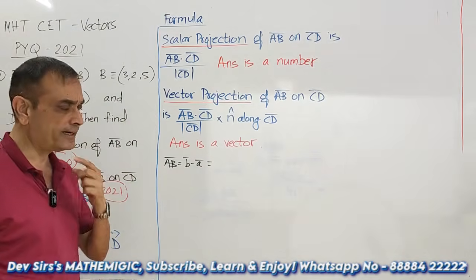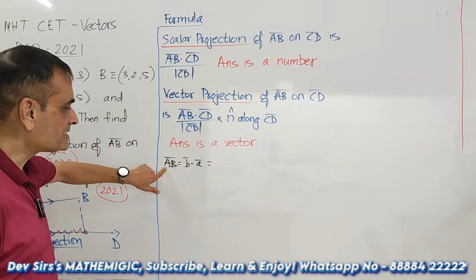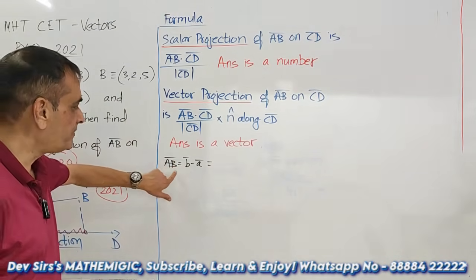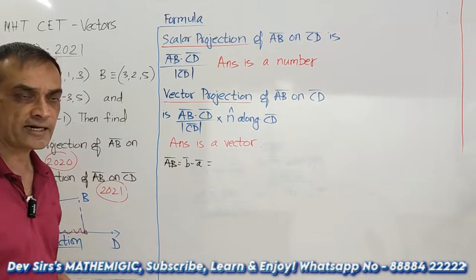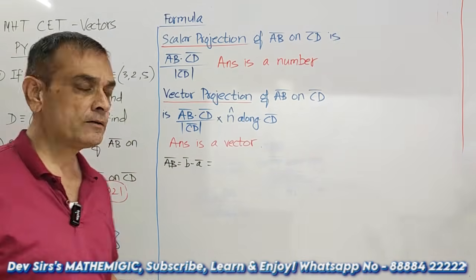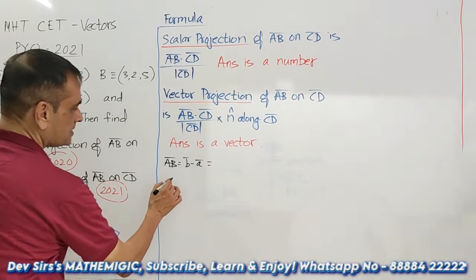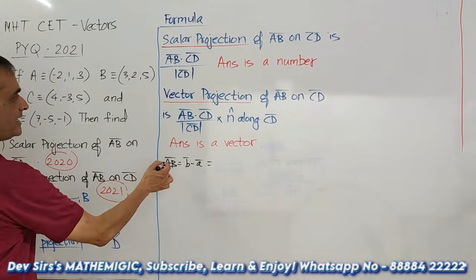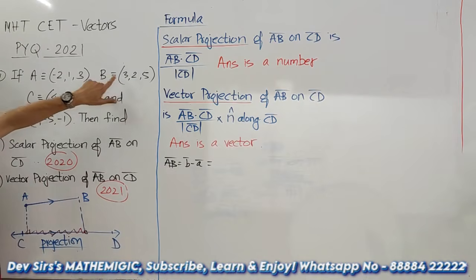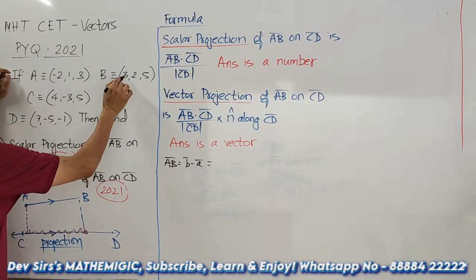First I'll just explain. B bar minus A bar, projection vector of B minus projection vector of A. This is the standard formula. How do you do it? Just go to the points. It is like B minus A. So point B minus point A. So let's do it.